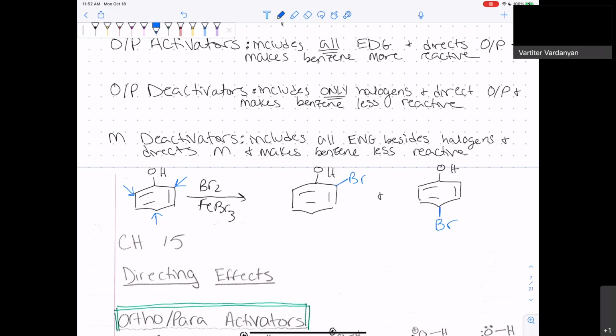And I'm not going to draw the other ortho product because they're exactly the same. And the last thing I want to leave you with, I know it's already past 11:50, I'm sorry, but Dr. West says that these will approximately be 50-50. So the ortho product and the para product are going to have like a 50-50 mixture. So one is not going to be major and minor. They're going to be approximately the same.